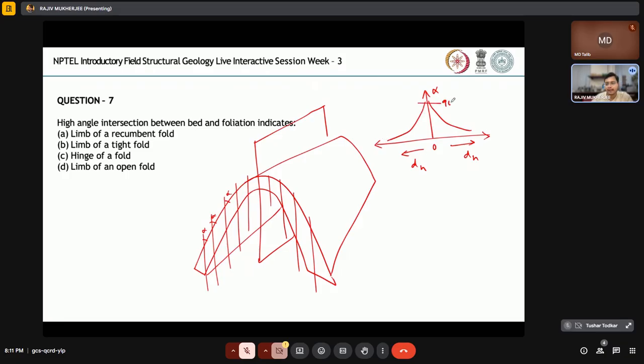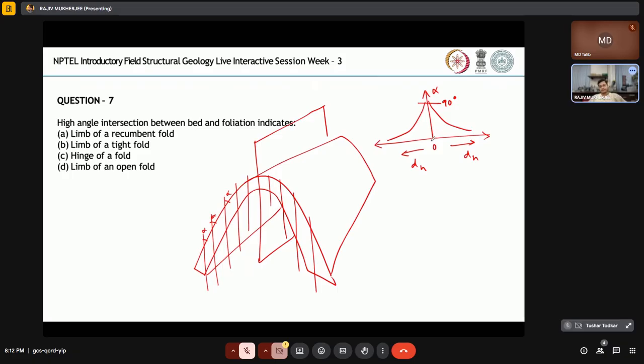This is 90 degrees, right? So the angle between the cleavage bedding intersection decreases away from the axial plane.